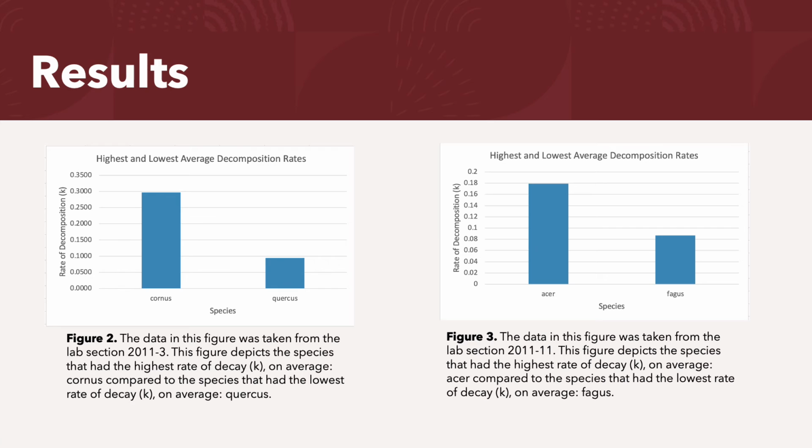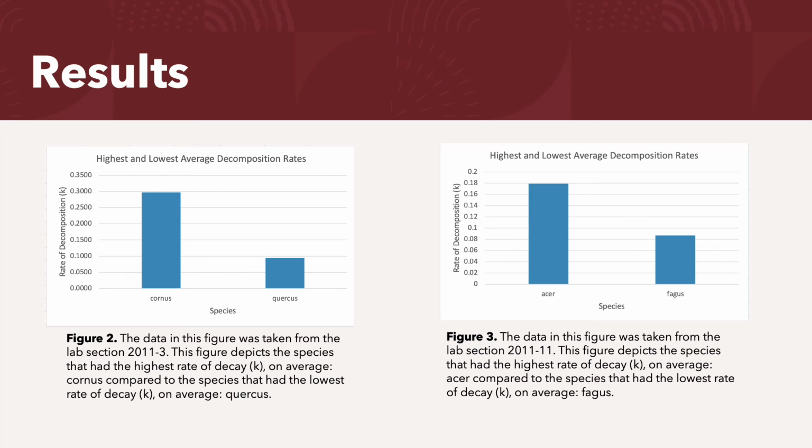The species with the highest average decomposition rate and the species with the lowest average decomposition rate in each of these two sections were compared in Figure 2 and Figure 3. As shown in Figure 2, which represents the results from the 20113 section, the Cornus species had the highest rate of decomposition, and the Quercus species had the lowest rate of decomposition.